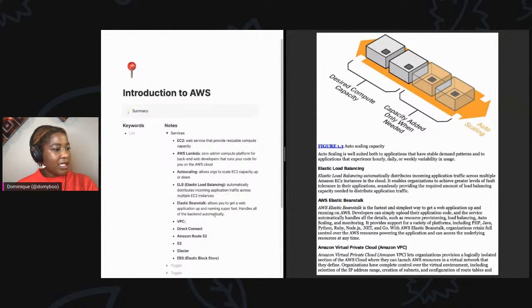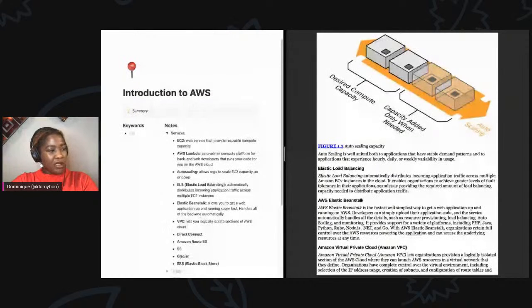VPC, Virtual Private Cloud, but I write it down anyway. It lets you logically isolate sections of the AWS cloud where you can launch resources in a defined virtual network.